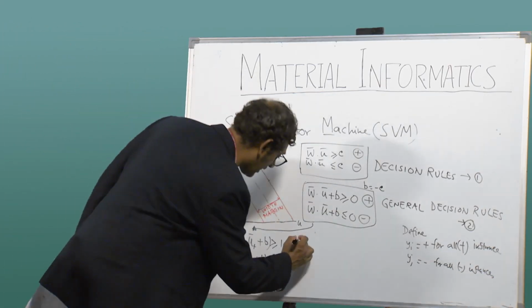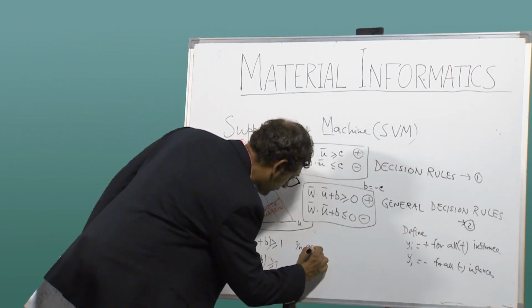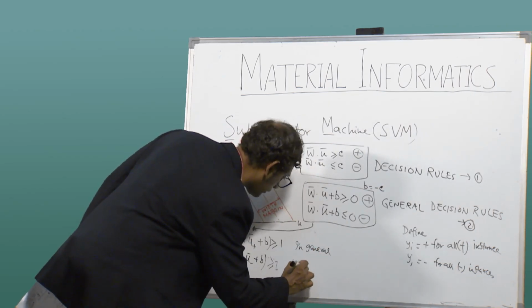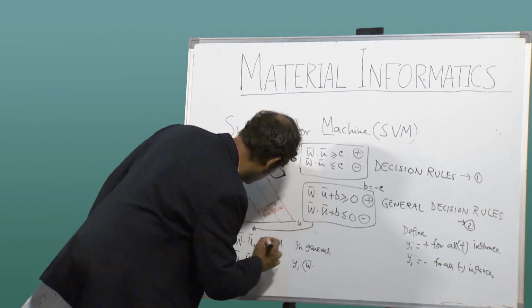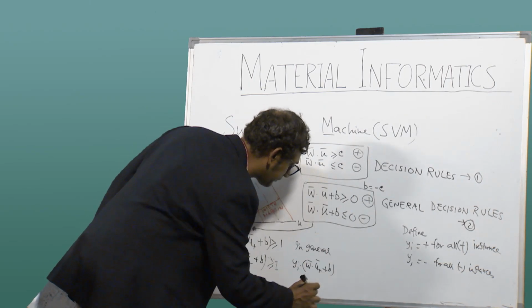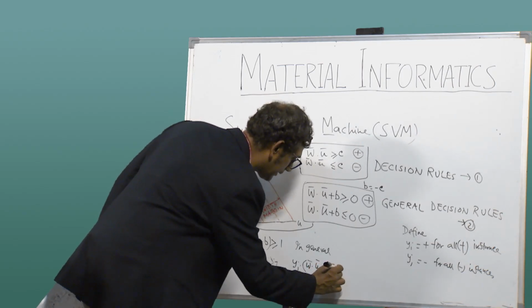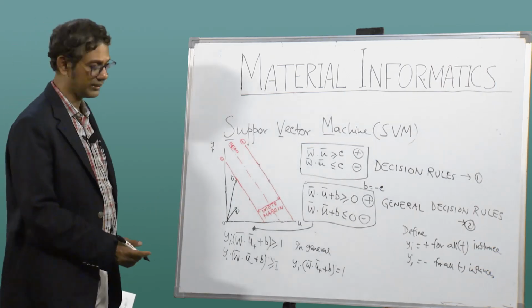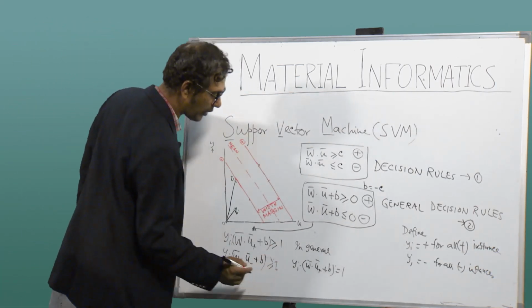So, that means in general I can write yi dot (w vector dot u plus b) is equal to 1 in general. Okay, both of them are equal to 1. So, I can always write down equal to 1, right.